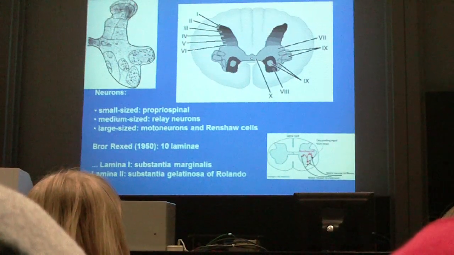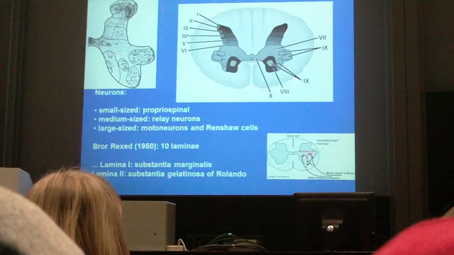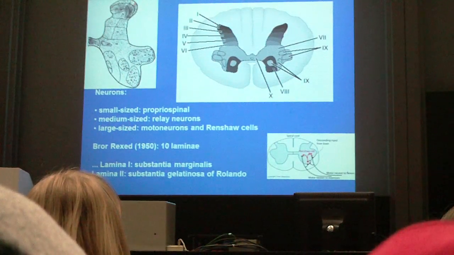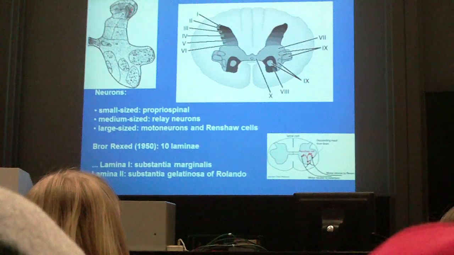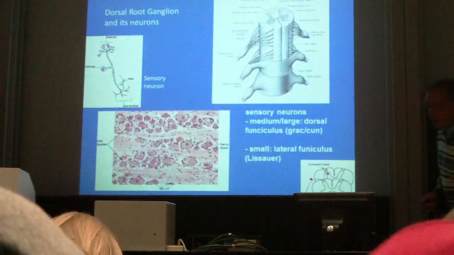And he started from here, layer 1 and 2, one on top, 2, 3, 4, 5, and so on. And the pain fibers enter the dorsal aspect of the spinal cord and terminate mainly in the upper dorsal layers, 1, 2, and 3. There are the pain neurons.